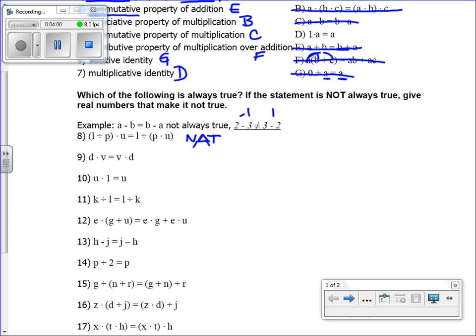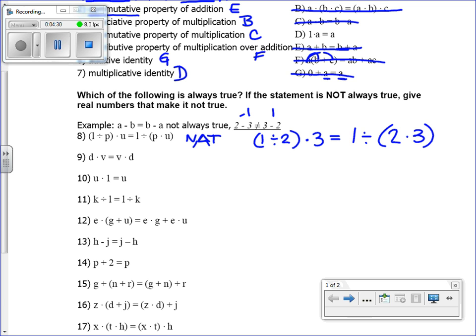And let's see, 1 divided by 2 times 3, 1 divided by 2, that's 1/2, times 3 is going to give me 3/2, equals 1 divided by 2 times 3. That would be 1 divided by 6. So that's not right. That's why it's not always true.